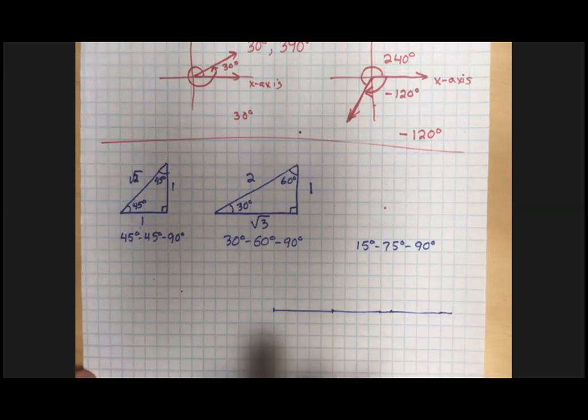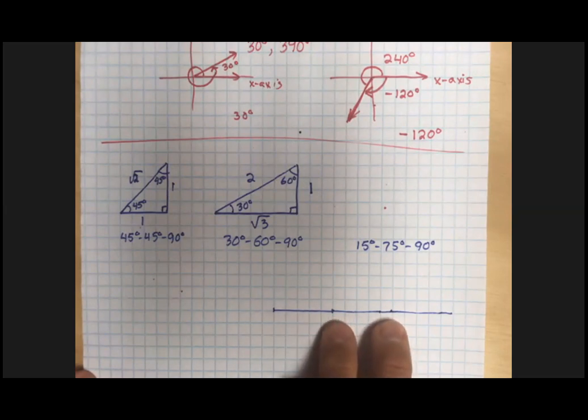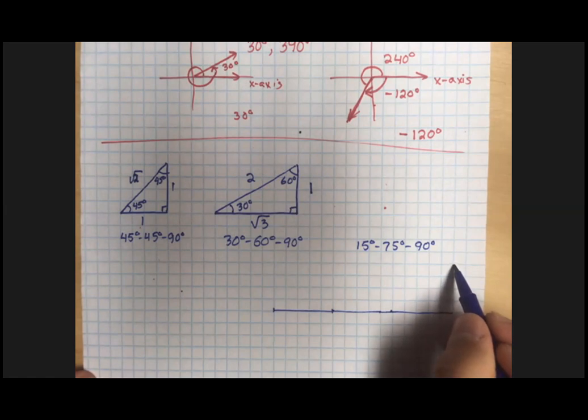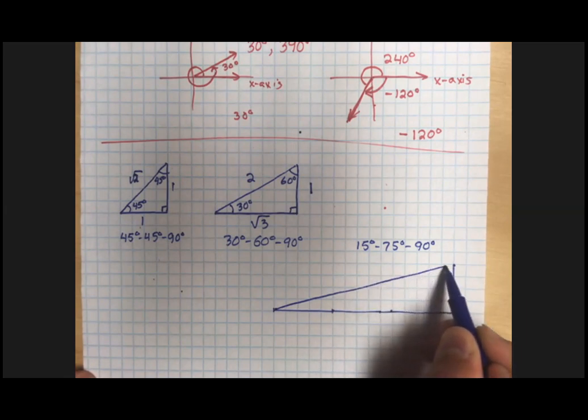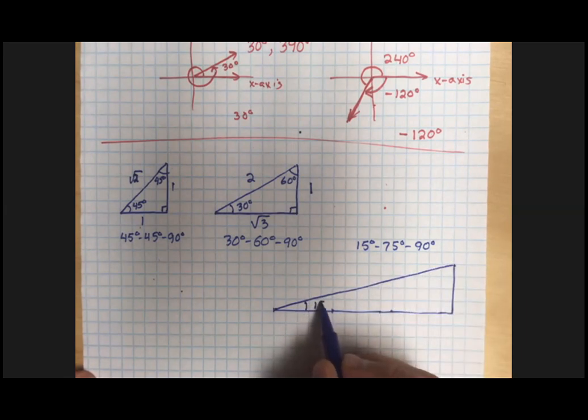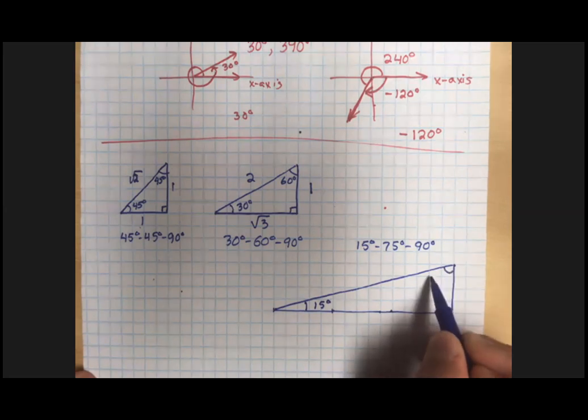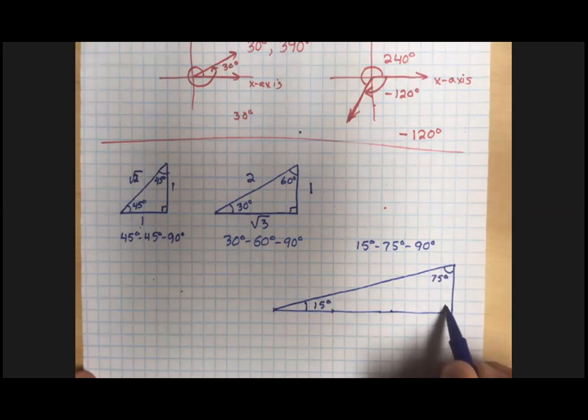Did I do 15 boxes there? 5, 10, 15. And 4 units tall. And if you do that and connect this line right here, you get a 15, 75, 90 triangle.